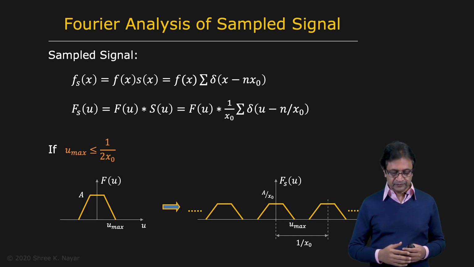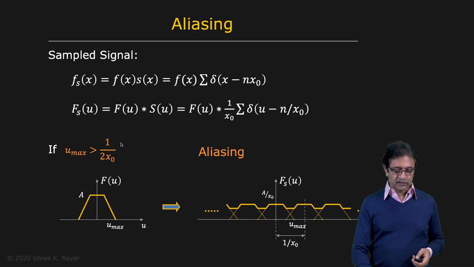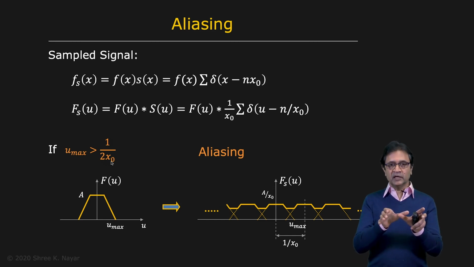That's pretty remarkable. Now, of course, if u max is greater than 1 over 2 x0, then these copies are going to overlap.